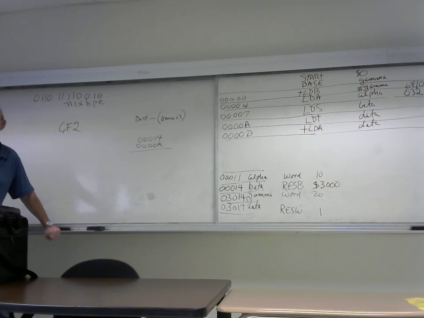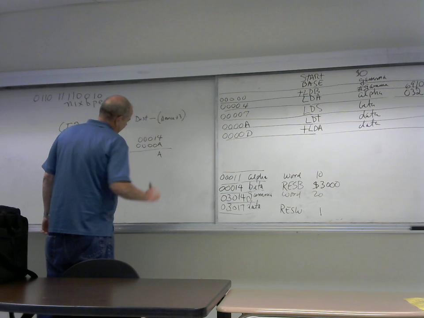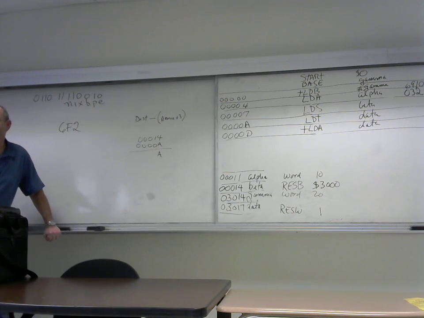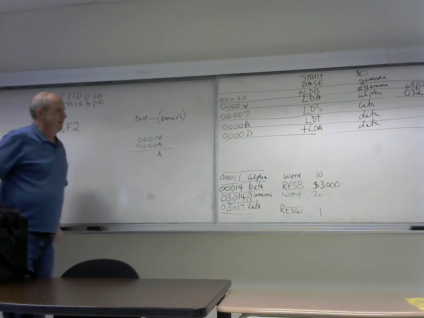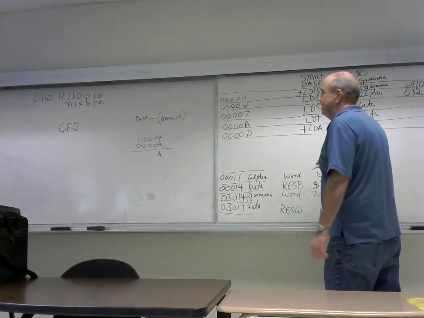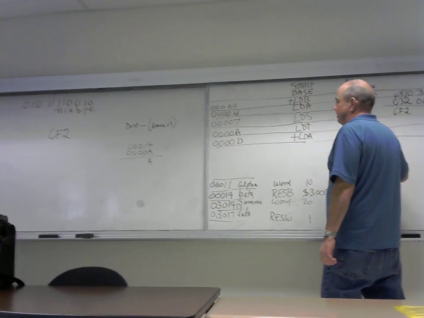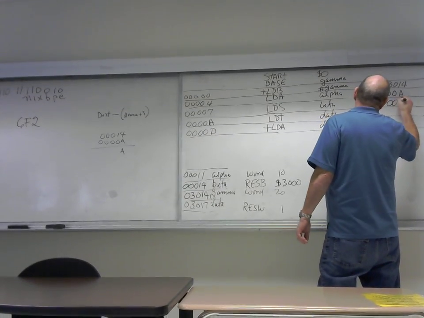No. 20 minus 10 is what? 14 minus 8 is 8, yes. It's 20, 16 plus 4, just in case that caused you to stop a minute. Okay, so we have 6F2. And then the offset is 0, 0.